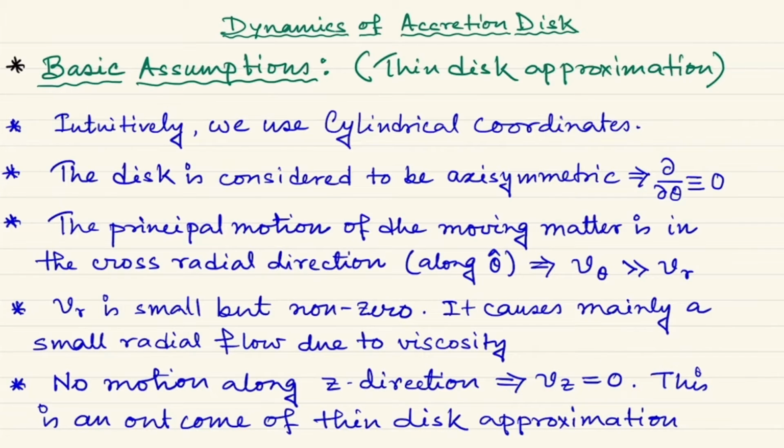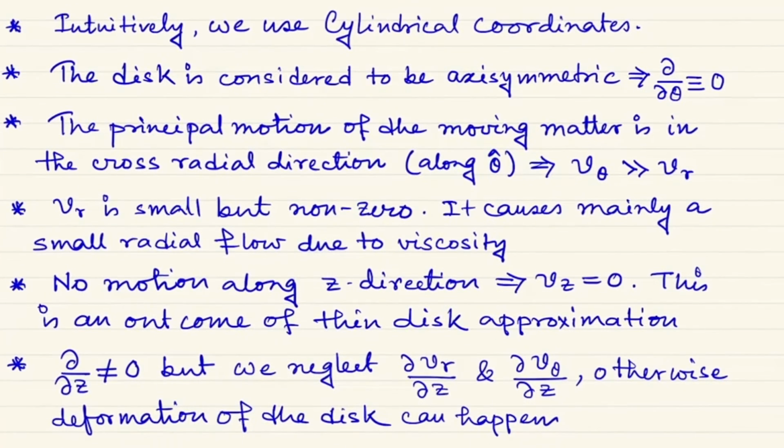In general, we also assume that del by del z is not equal to 0, for example, del rho by del z is not equal to 0. But for the velocity components vr and v theta, the changes will be small, very reasonably assumed to be small.